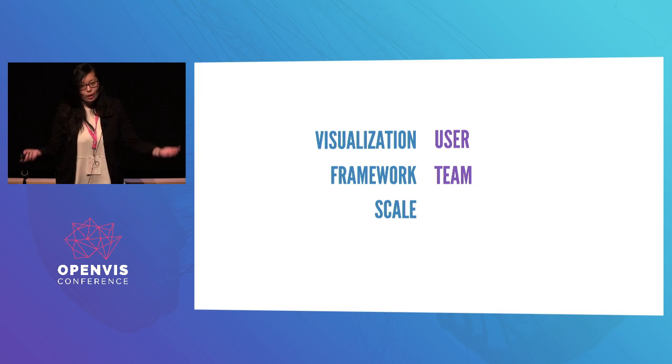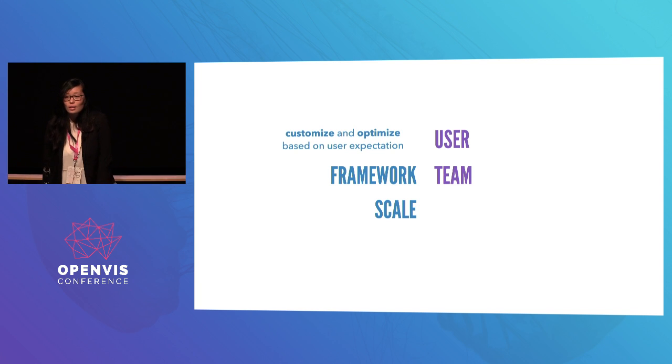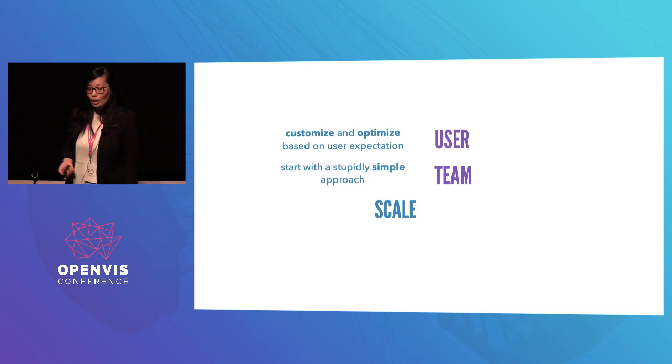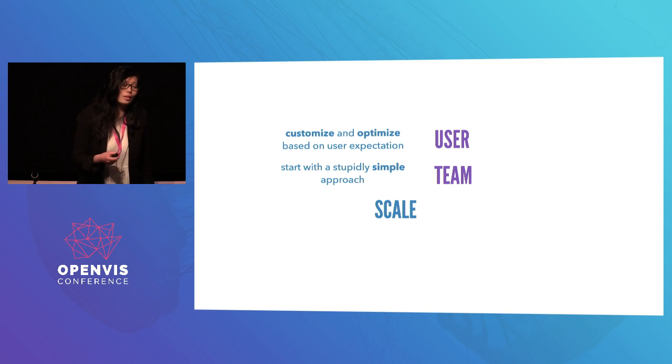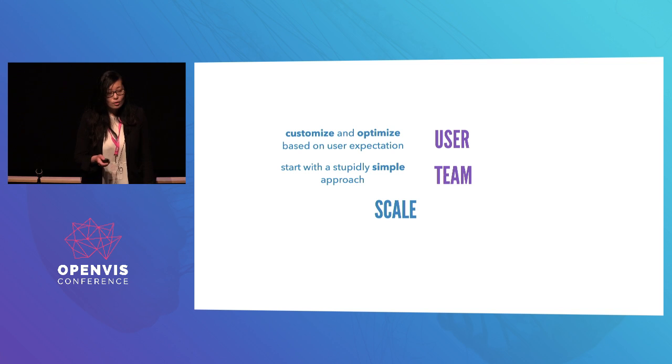So in the past 20 minutes or so, I've kind of just dumped all these stories and experiences onto you. And to recap, so first, customize and optimize the visualization based on user expectation and feedback. Second, don't pre-optimize, but rather start with a stupidly simple approach when it comes to the framework architecture around the visualization.